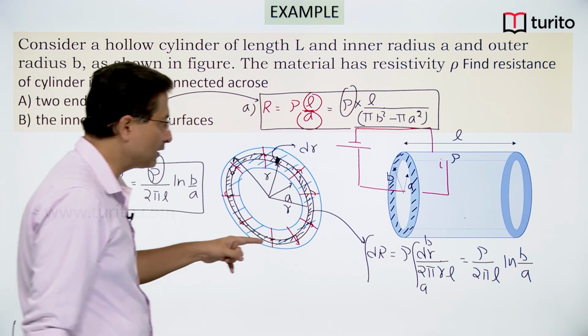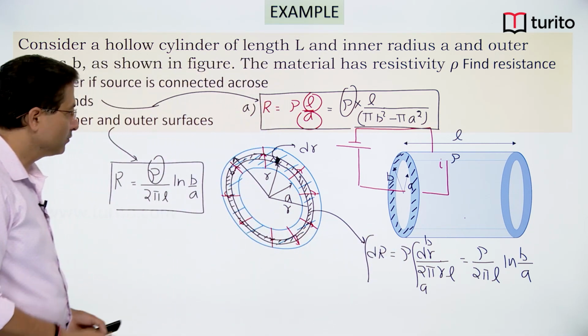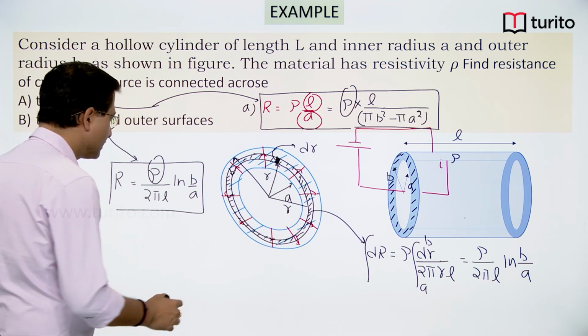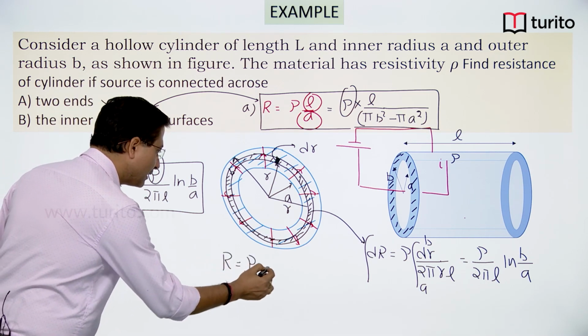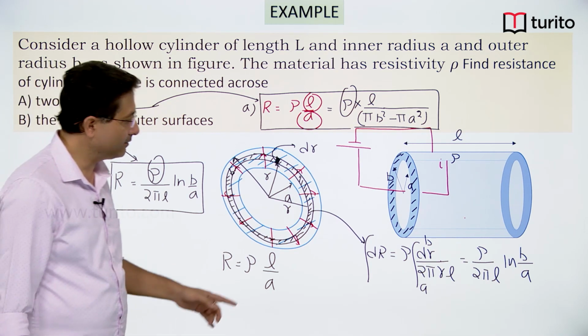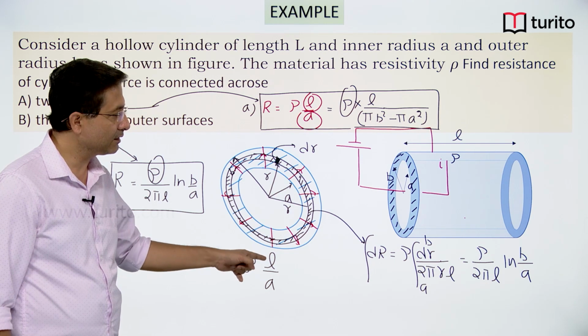Accordingly we will substitute values and integrate if required. Now, in most questions the complication, if you look at R is equal to rho L upon A, is that the area may be given as a function of distance.